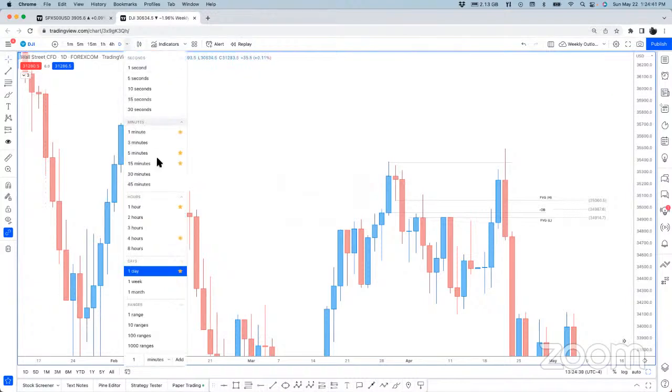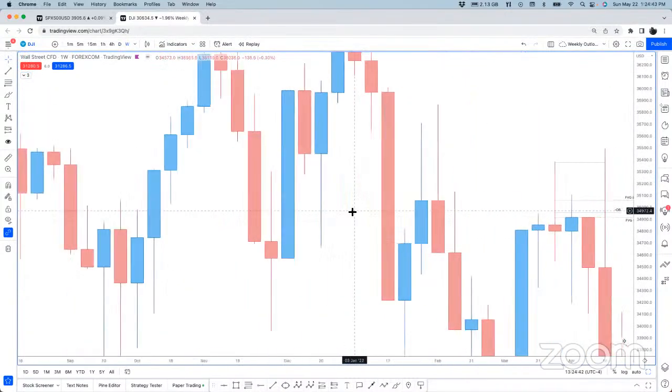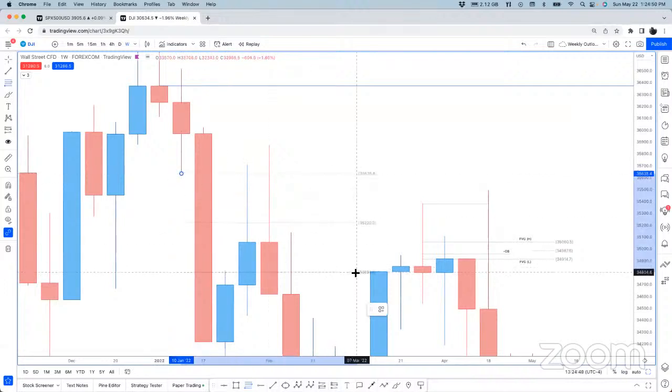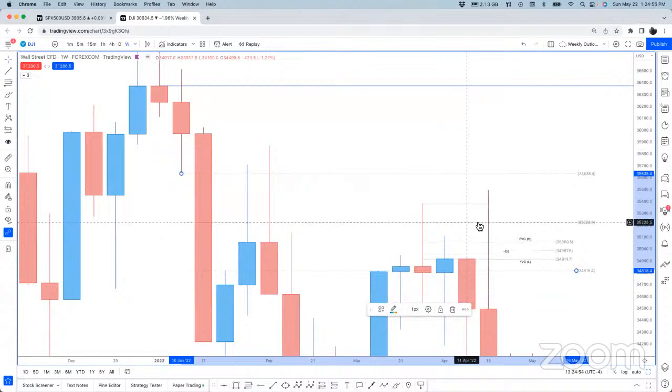Because if we went on the weekly at that same area, what we got right here is another imbalance. And we would have been reacting right off the middle around this area too. So you could have had those as points of reference to know that, all right, cool. I still believe that we should drop from here because we are at the fair value gap on a weekly perspective.